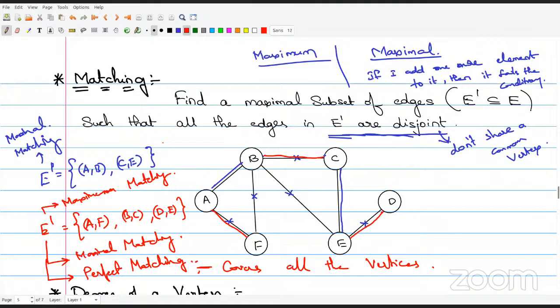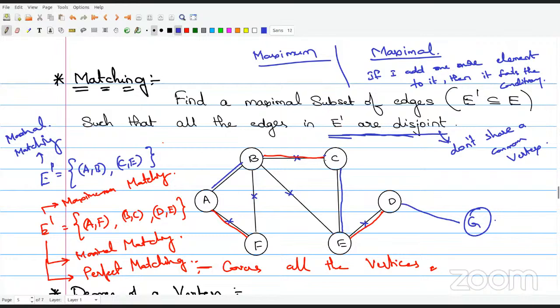Is this condition of a maximum that we should cover all the vertices? No. Sometimes it may not cover. If I add an edge here, D, E, F, G, now you see the G vertex will not be covered. Whatever combination you pick, you might have picked AF, BE, and DG.